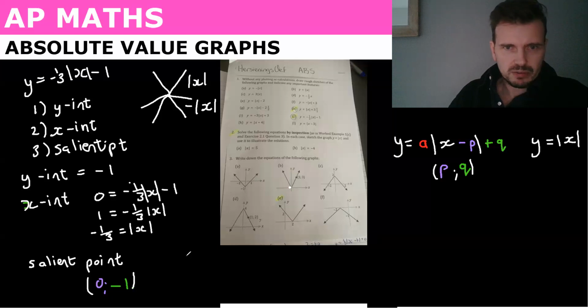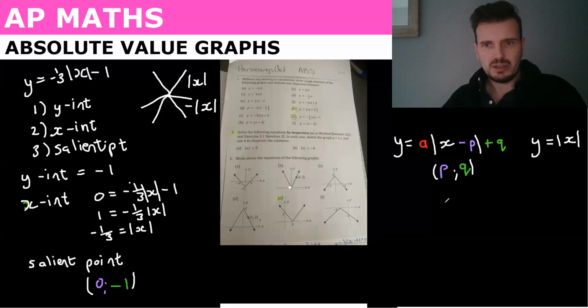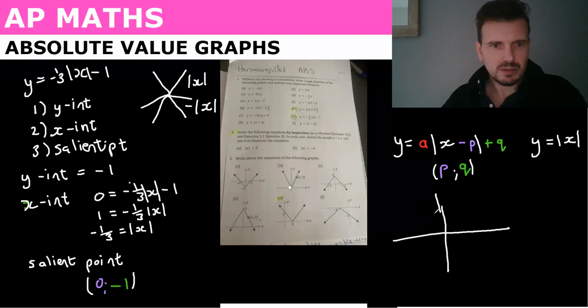So now we know that our graph is going to look as follows. We've got a y-intercept at -1, and we've got a salient point also at (0, -1).